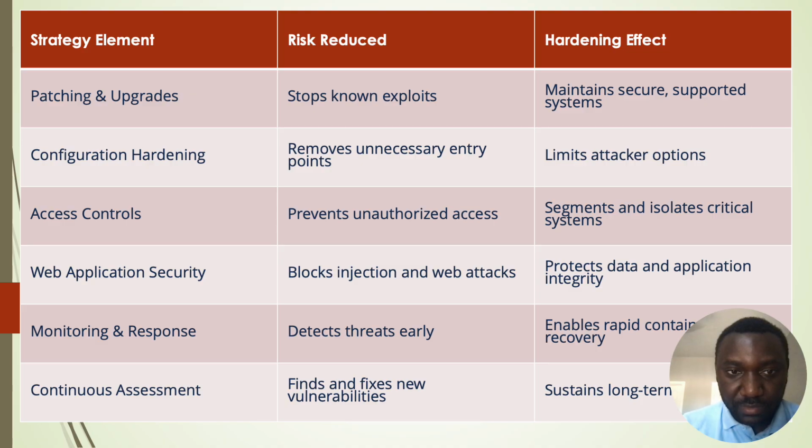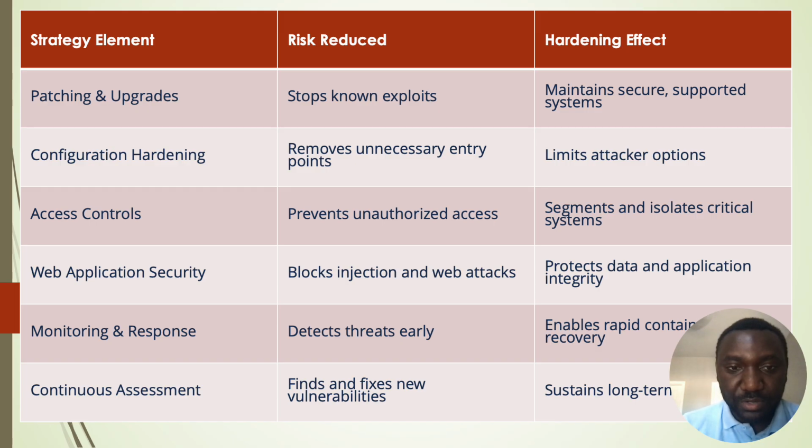So this is a summary table about the reduced risks and the hardening effect. The first element, the patching and upgrade, will help us stop known exploits and maintain a secure supported system.